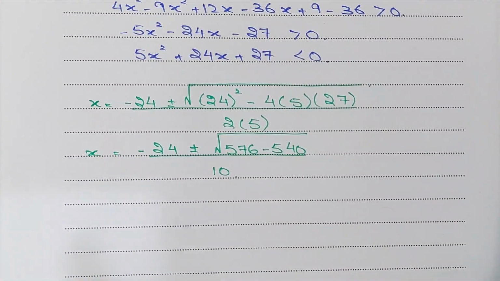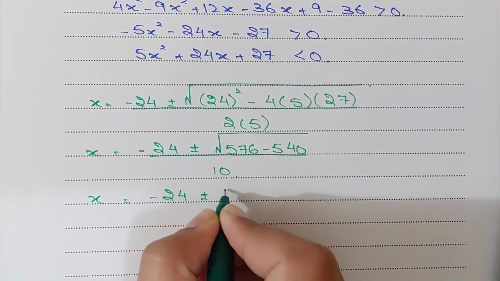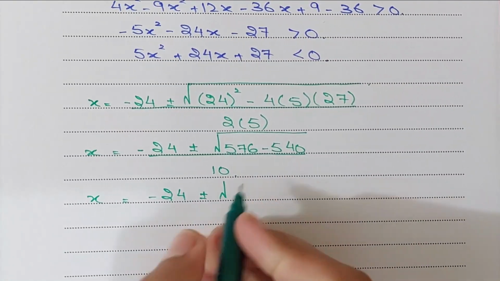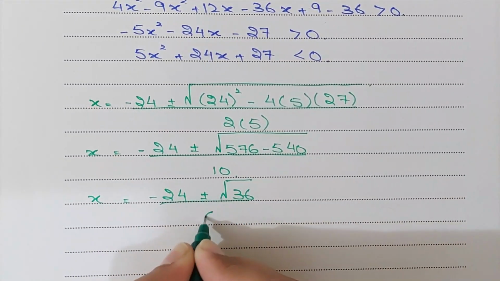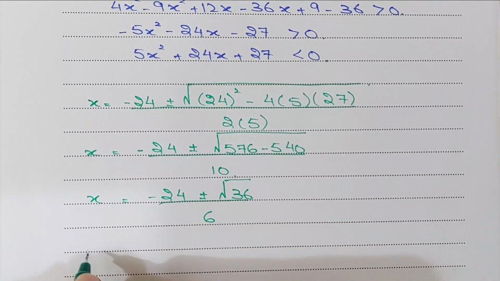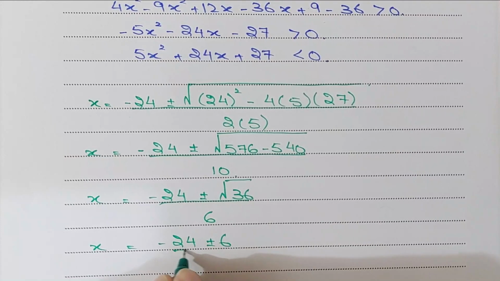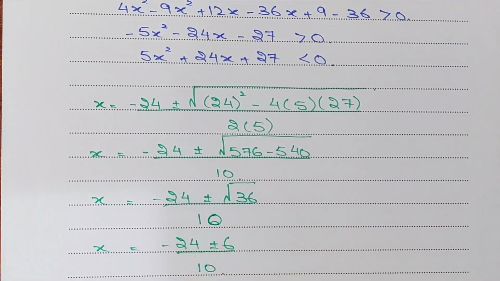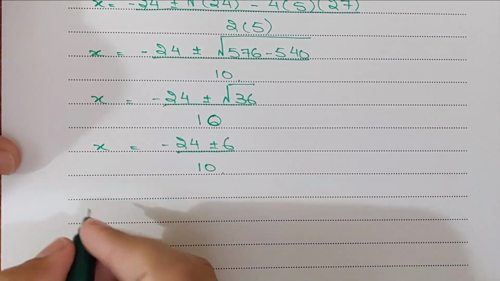Now further simplification: x is equal to minus 24 plus minus the square root of 576 minus 540, which is 36. And 36 is a perfect square, 6 squared is 36, so the square root of 36 is 6. So x is equal to minus 24 plus minus 6, divided by 10, the denominator. Now we have two values for x, with a positive 6 and with a negative 6.